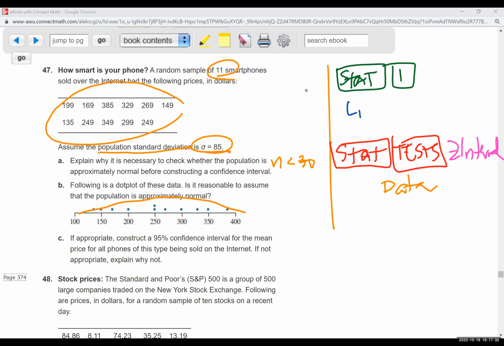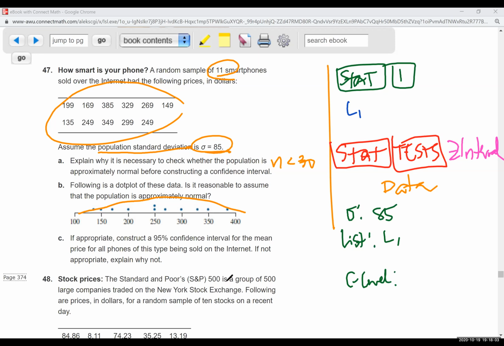You will see standard deviation, which is 85. And then you will see list. That is where you enter your data. Let's say the first column is L1, which is the default. Frequency, you don't change that. That is 1. C level, whatever the confidence level given.